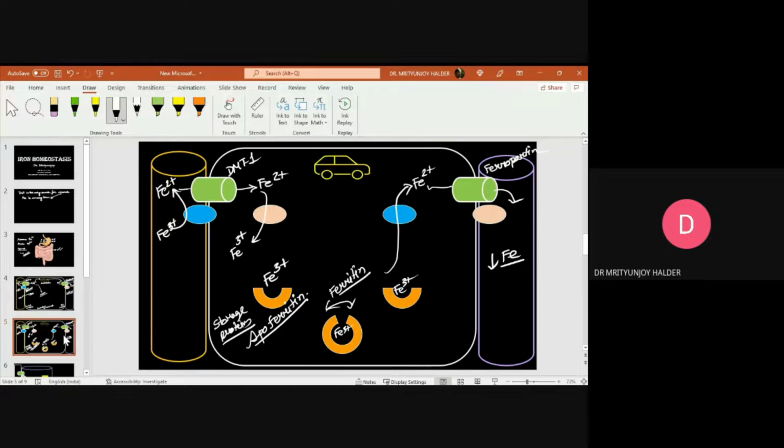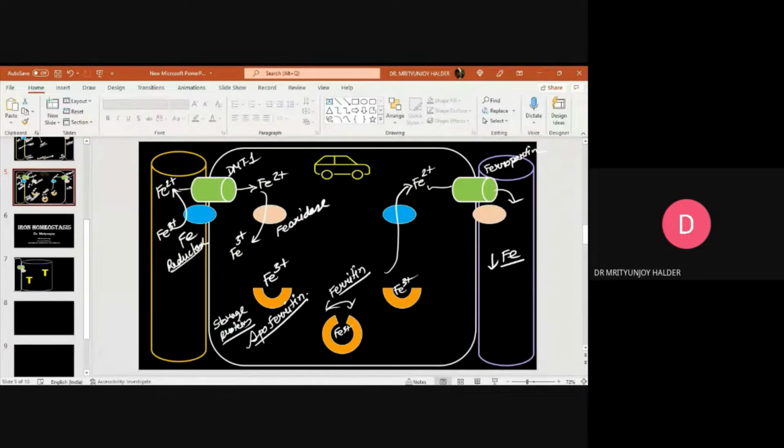Now ferritin, when there is need of iron in our systemic circulation, in that case there are some special mechanisms, some signals. In that case, ferritin releases the ferric form. The ferric form again converts into the ferrous form, and that ferrous form, with the help of ferroportin, now goes to the blood circulation.